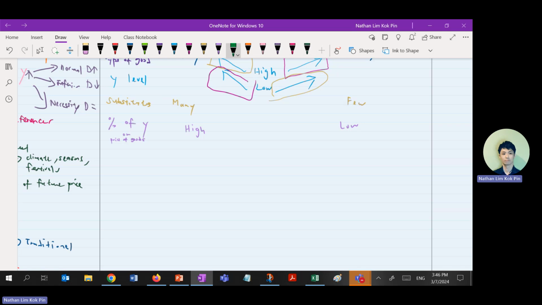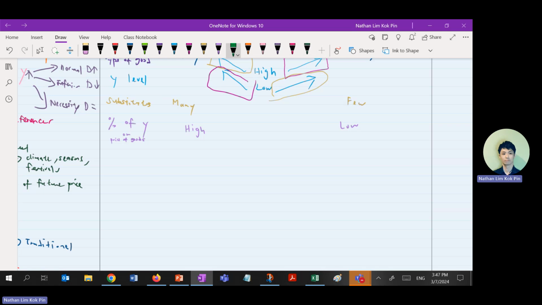So it's elastic. You're sensitive. Every day you must check the price if you want to buy. If 290,000 ringgit to you, because you earn 1 million per day, is a low percentage of their income, then it will be not sensitive to price. You can buy anytime, like you buy a chocolate or ice cream.